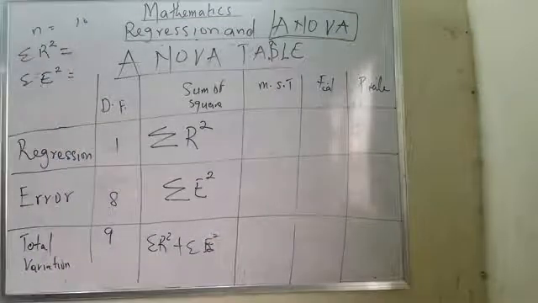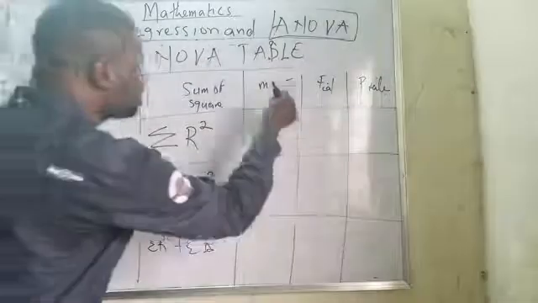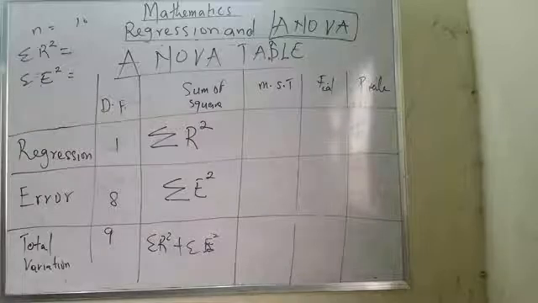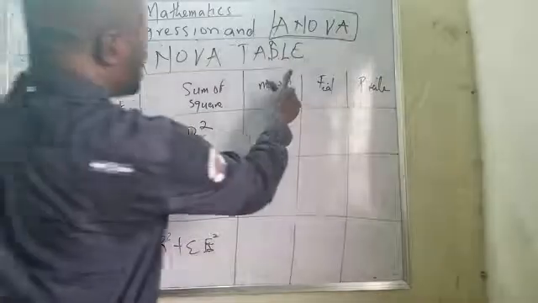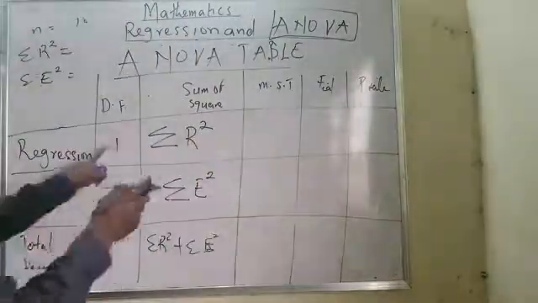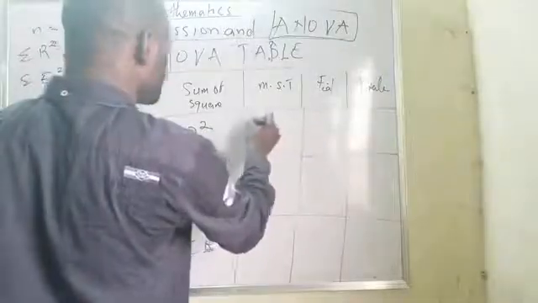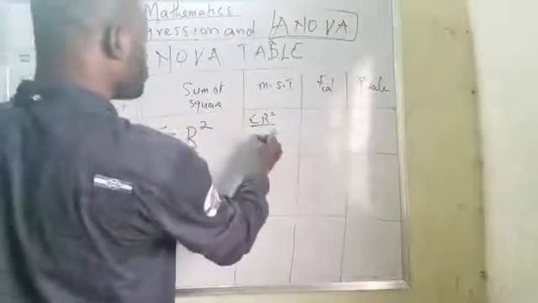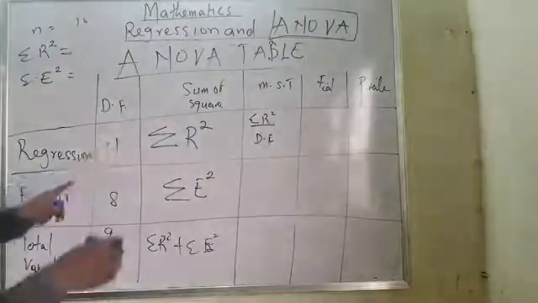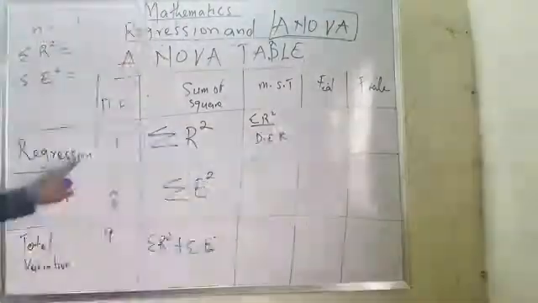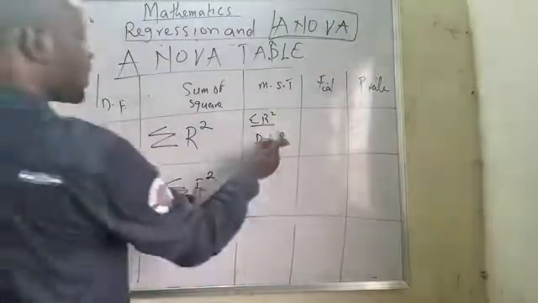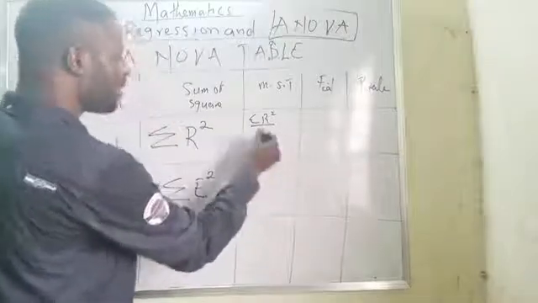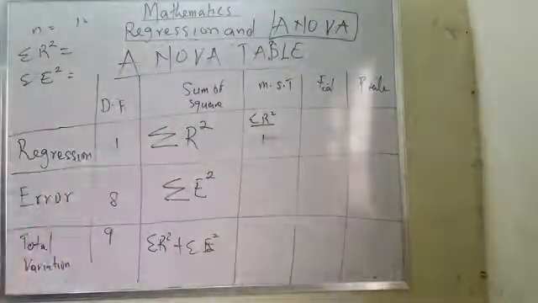That's very good. Now, here is the mean square treatment, mean square value, or whatever you call it. What I need to do here is divide summation of R squared by 1, which is the degree of freedom of regression. Please take note that indirectly I'll be having divided by 1, which is going to be repeated. That is very important.